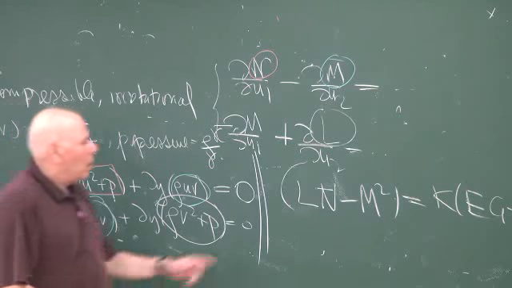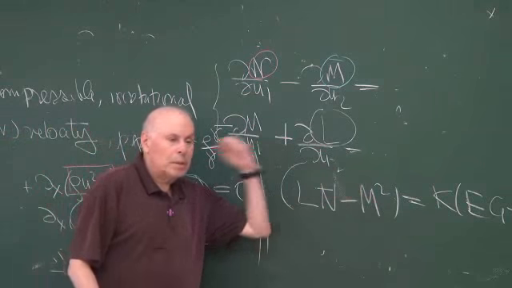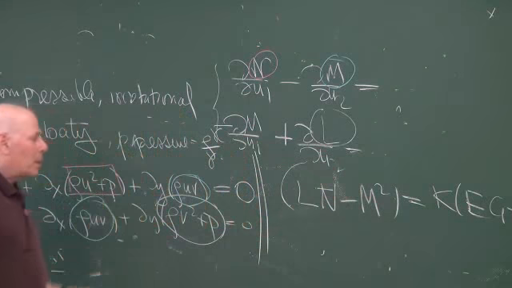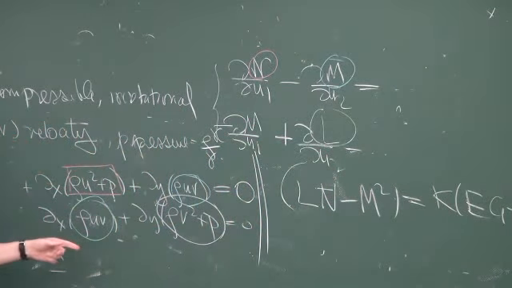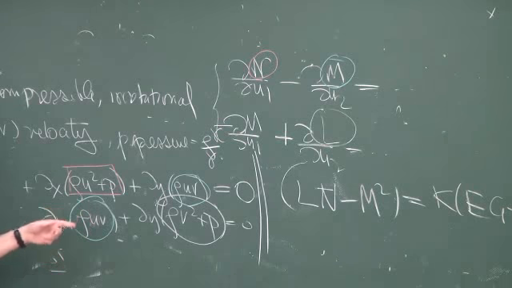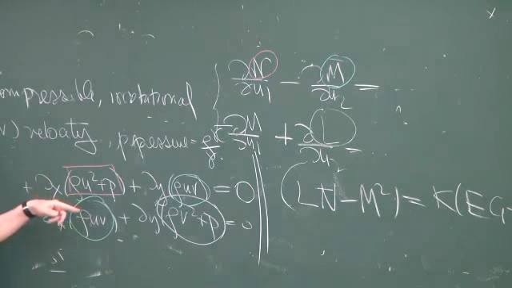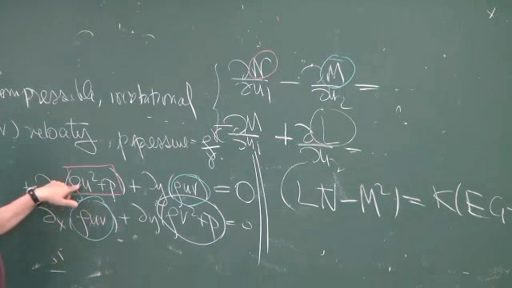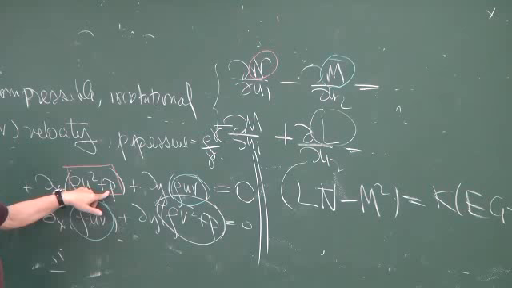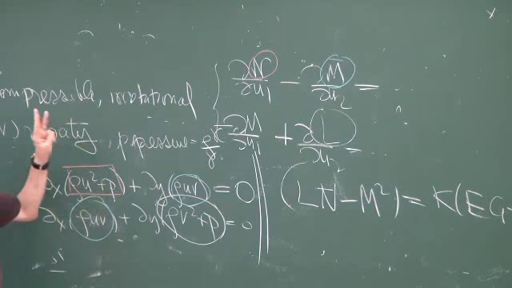Okay. What does ln minus m squared become? Well, if you plug it in, that has to be satisfied. That means when you plug it in, there has to be a relationship between rho, u, and p. So there's u and v, that's 4. But if I tell you what p is, that means it's 3.